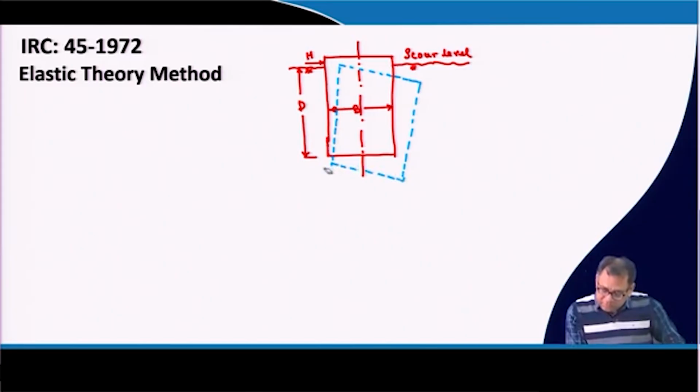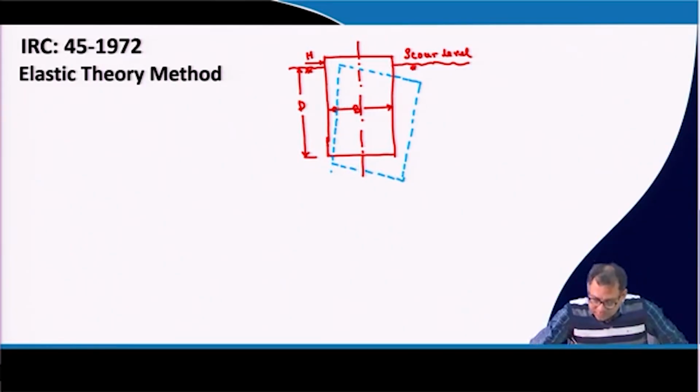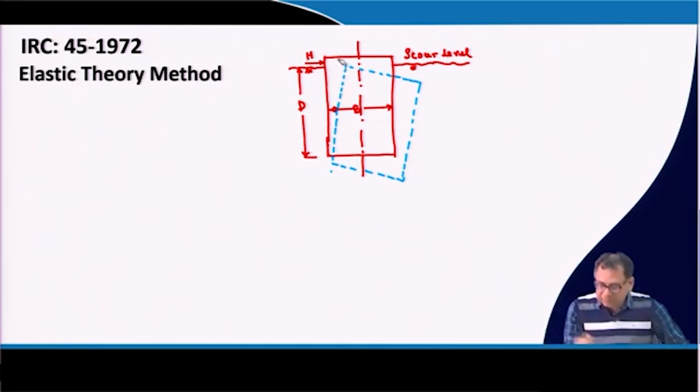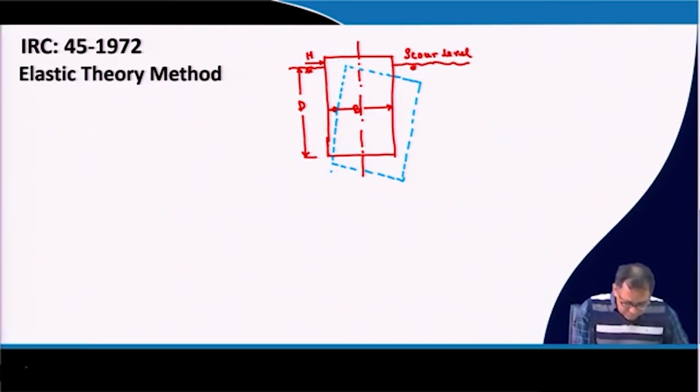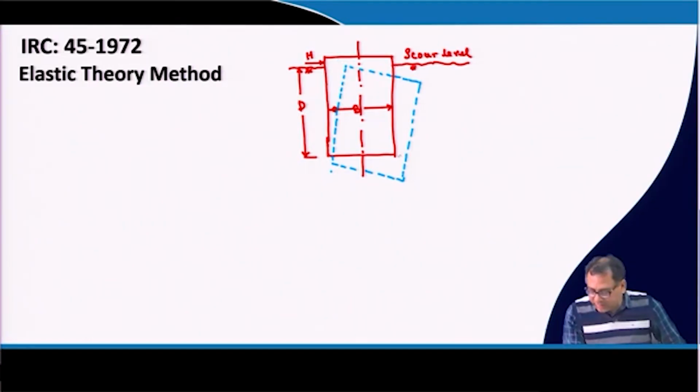This is the rotation of the well. So, what forces will be developed? This is the scour level, or it will go along this line, and this is the base of the well.